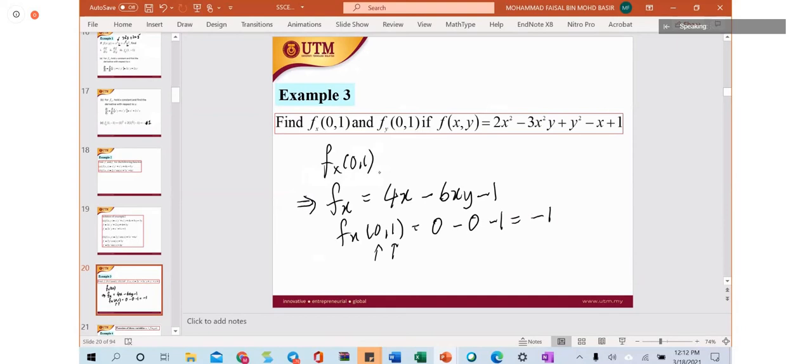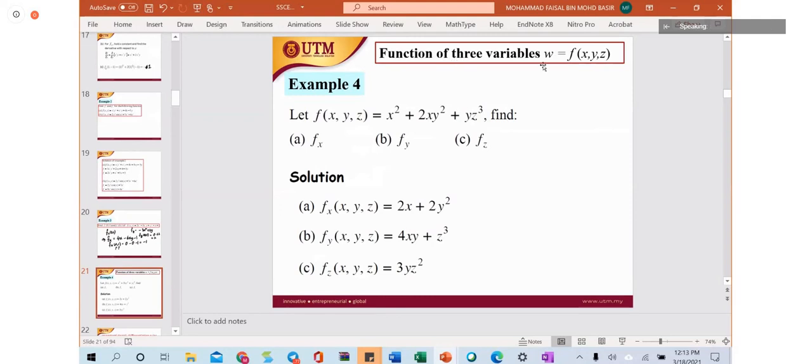Then fy, okay, what is fy? It will be 0 minus 3x squared plus 2y. Fy at (0,1) will be 0 plus 2, right? 0, 2.